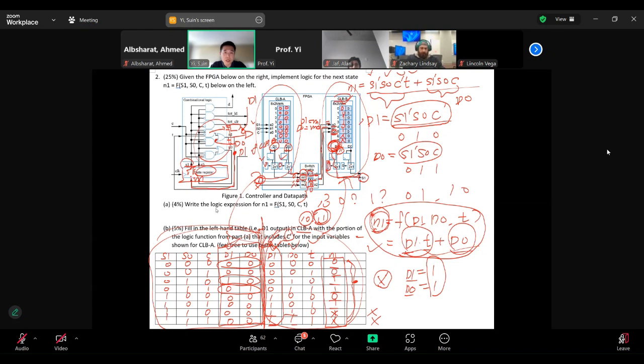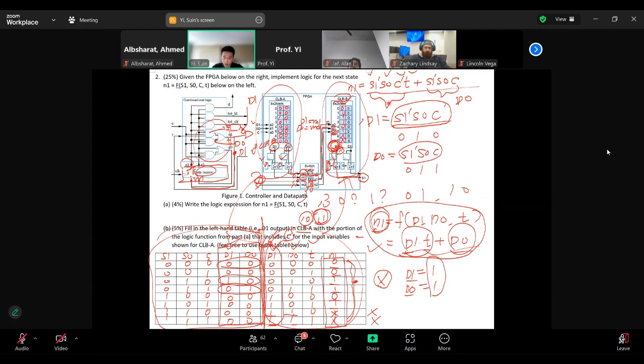Nathan said, can you explain how you got the equation N1, D1, and T or D0? Okay, so N1 is here: S1 prime S0 C prime T or S1 prime S0 C. Because the question asks you to fill in the left-hand side table of CLBA with the portion of the logic function from part A that includes C prime, the first term has the variable C prime.